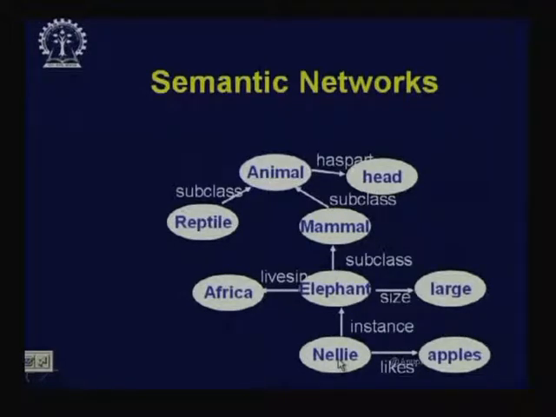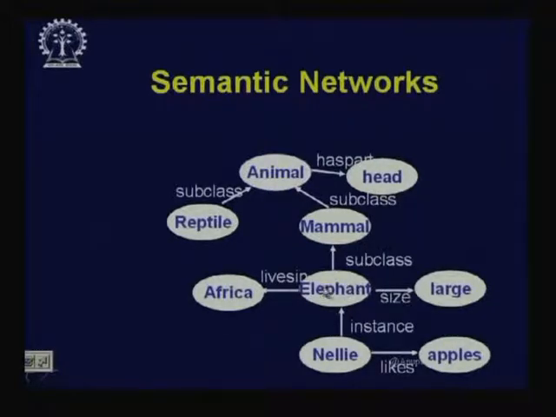Now, if the question was asked as, does Nelly have a head, then let us see how we do it. We would have started from Nelly. Now, Nelly is an instance of an elephant. Here we do not find any answer to this, because whether it has got a head or not, there is no relationship called has part.